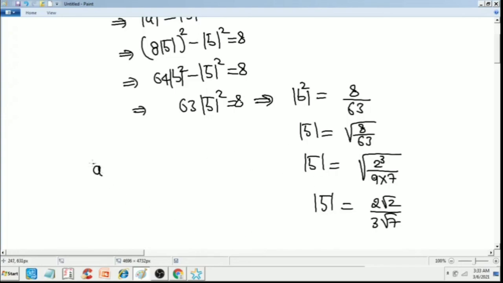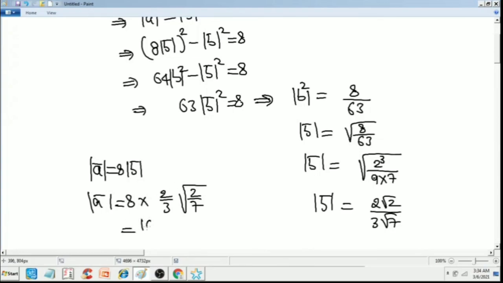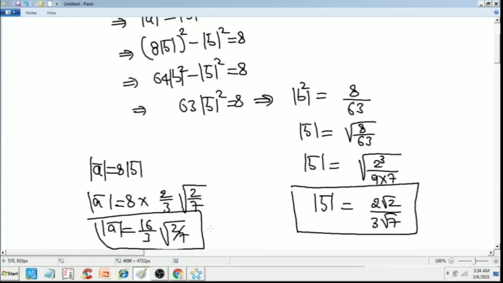A modulus is 8 times B modulus. So A modulus is equal to 8 times 2 by 3 into root over 2 by 7, so 16 by 3 into root over 2 by 7 is the A modulus. This is A modulus and this is B modulus. That's all. These are the two solutions.